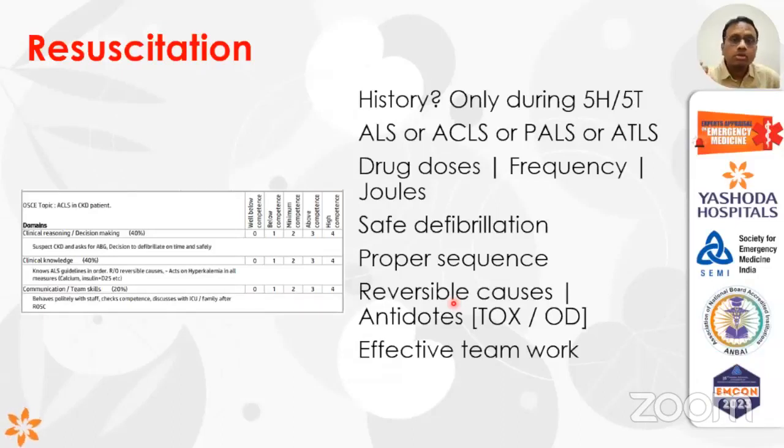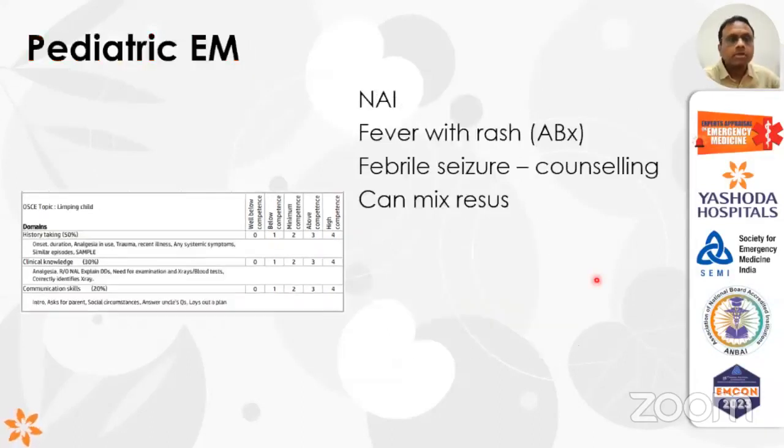If it requires giving any local anesthetic, in that case, you must check the expiry. During our mock testing, we actually gave a local anesthetic that had already expired. That's a major blunder if you give any expired medication.